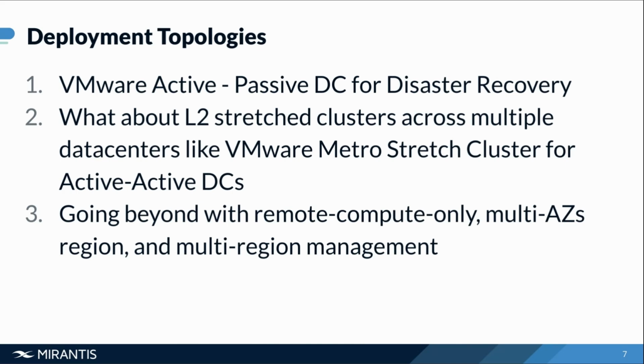You need to stretch the network, you need to have some storage integration. How the storage is exposed to both data centers depends on the storage provider and whether it is a traditional storage or software-defined storage, right?